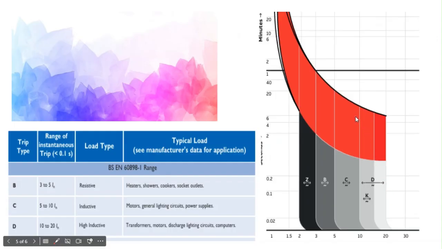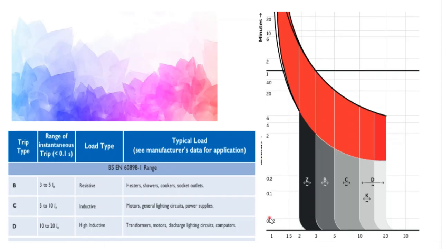And now let us understand these curves. These are called TCC, which means time current characteristics curve. The X-axis defines the current and the Y-axis defines the time. And these are all logarithmic charts.